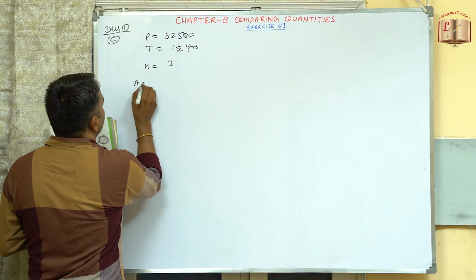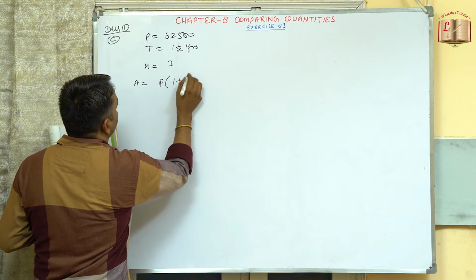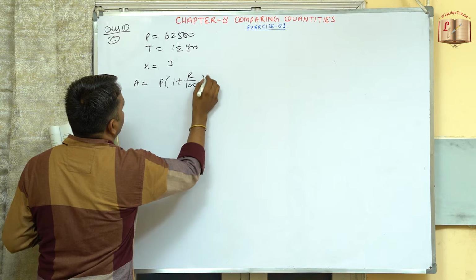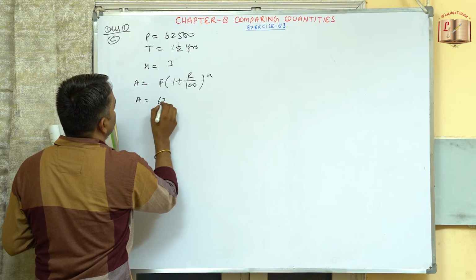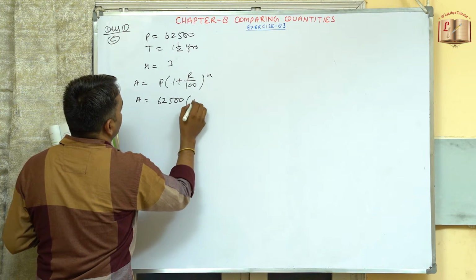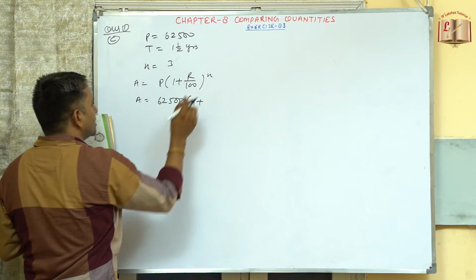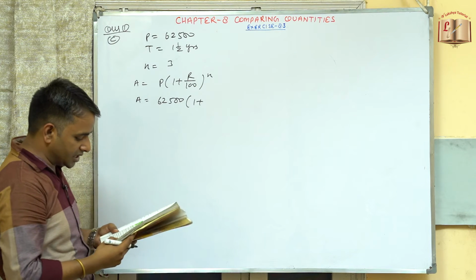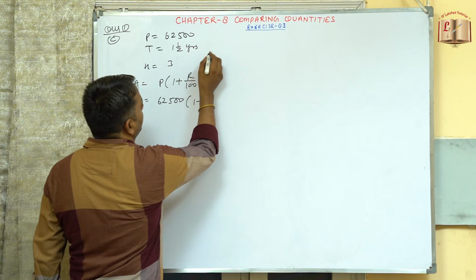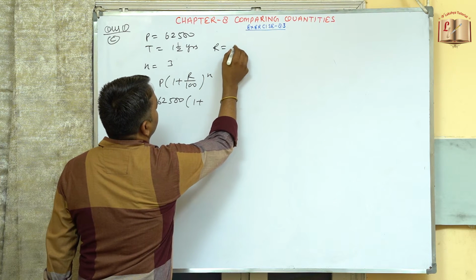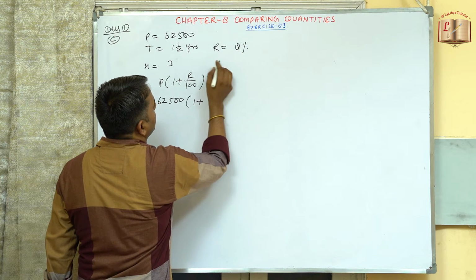So A will be equal to P times (1 plus R by 100) to the power n. A equals P, which is 62,500, times 1 plus, now see here, once the interest is compounded half yearly, the rate of interest will also be halved. So R is given as 8%.